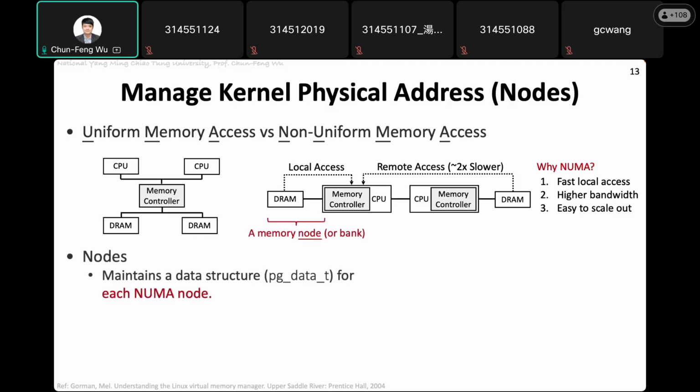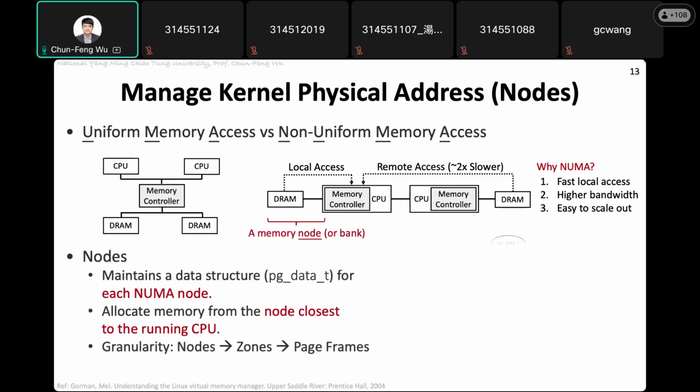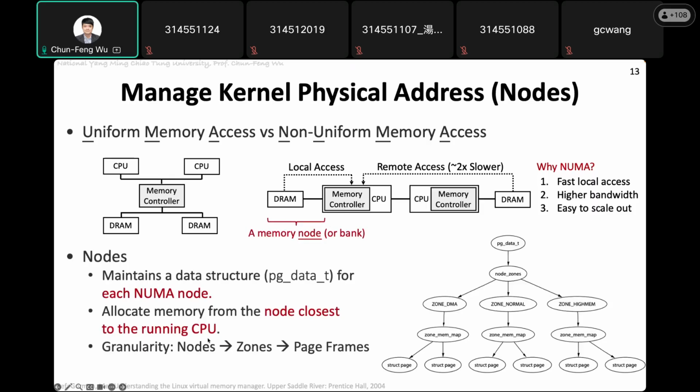Okay, so for NUMA, for each DRAM and CPU pair, we say it is a memory node. Actually, in Linux page frame management architectures, it looks like this. It allocates memory from the node closest to the running CPU, because this is quite important, right?